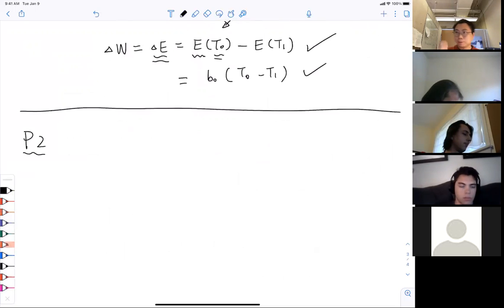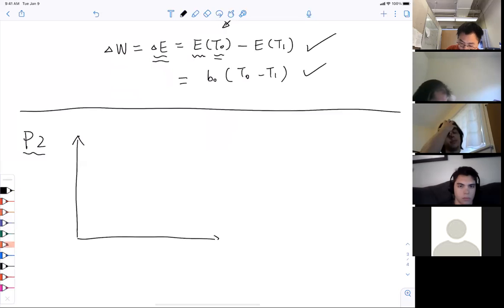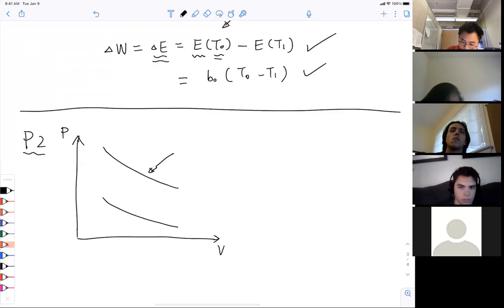Okay, so problem 2, basically it's a cycle. We know the PV diagram. We have two adiabatic lines.